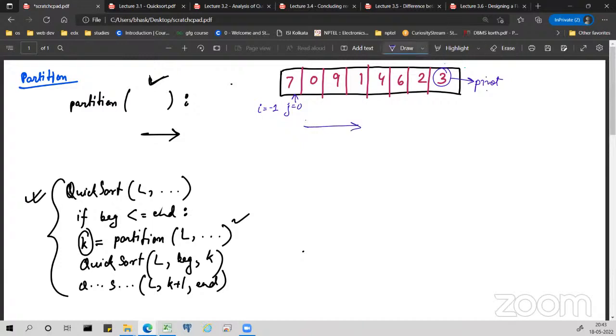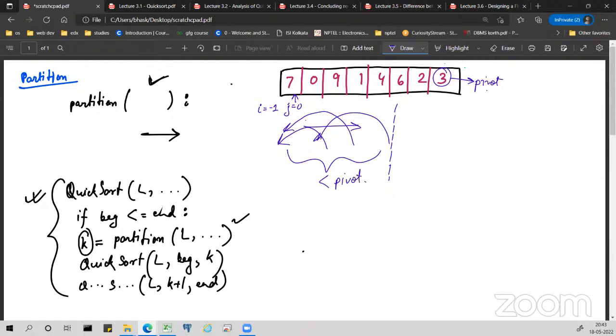You would check each element whether that is smaller than the pivot element or not. If that is smaller than the pivot element, you would shift that to the left hand side. And once you shift all the elements which are smaller than the pivot element to the left hand side, right? So basically, let's say this is the place where all the smaller elements from the pivot have been moved on the left hand side, correct? So all the elements over here are lesser than the pivot.